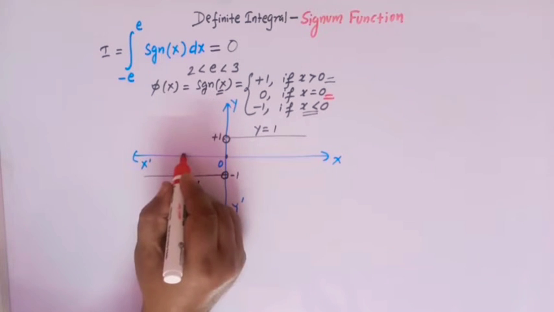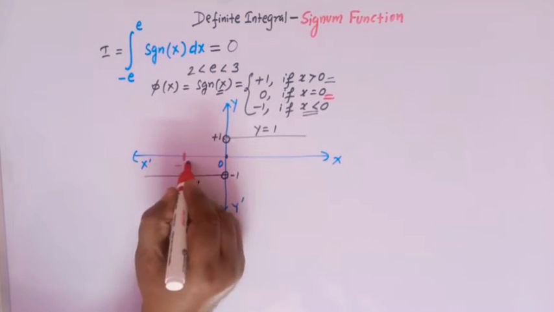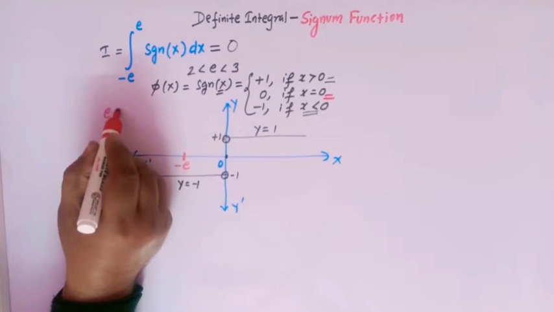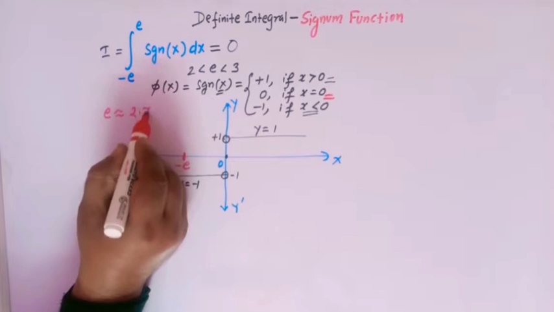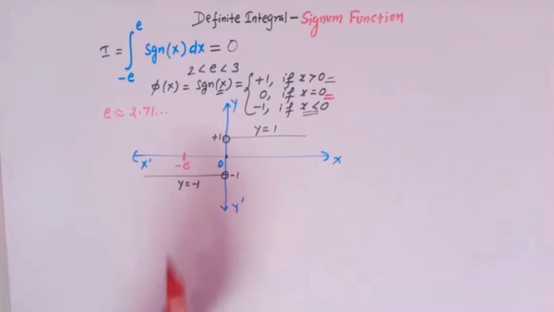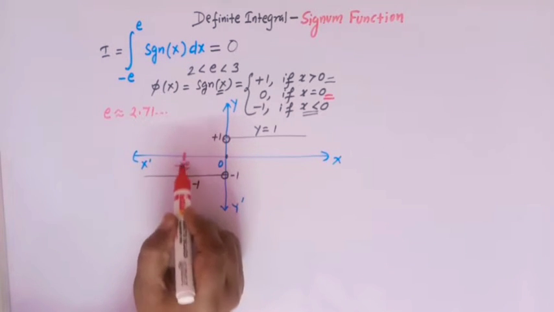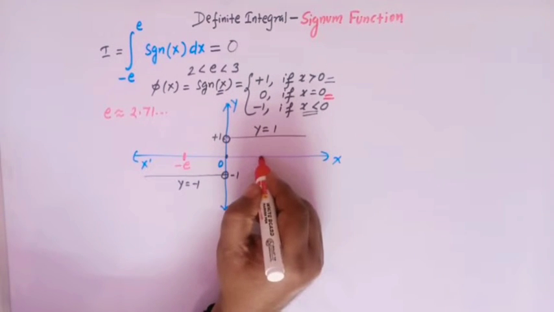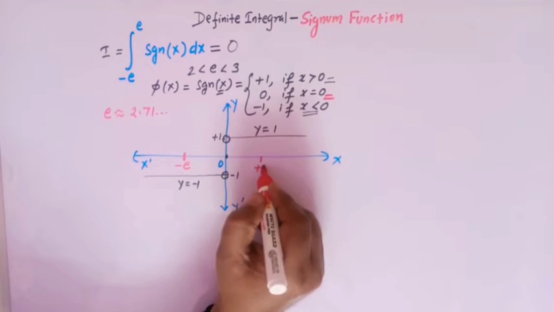So minus e lies somewhere here, because the approximate value of e is 2.71, and plus e lies somewhere here, right?